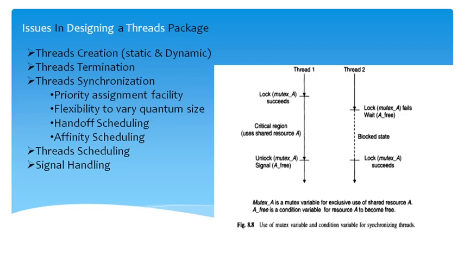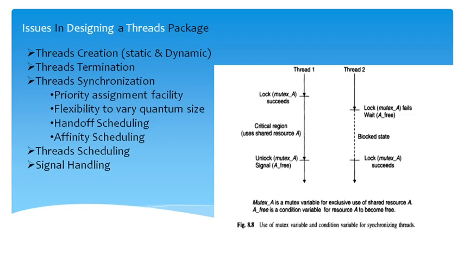Mutex variables are simple to implement because they have only two states, lock and unlock. For more general synchronization requirements, condition variables are used. The operations normally provided for a condition variable are wait and signal.